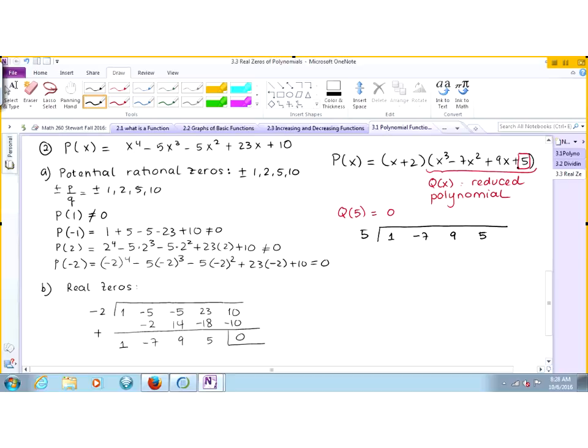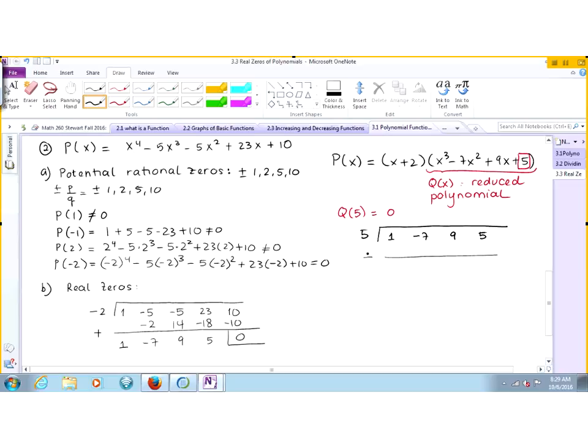Why? Because -2 is not a potential rational zero from the 5. I only look at the new Q of X. Why? Because now my job is switched. I need to factor this one instead of the big original one, x to the 4th. So I'm looking at the reduced polynomial.